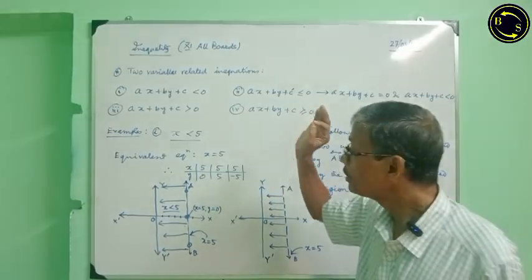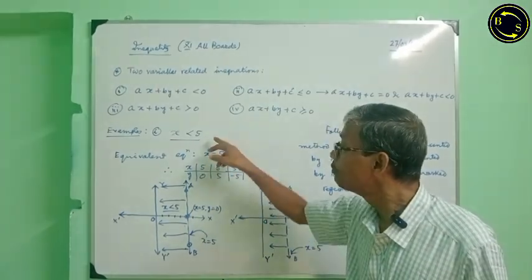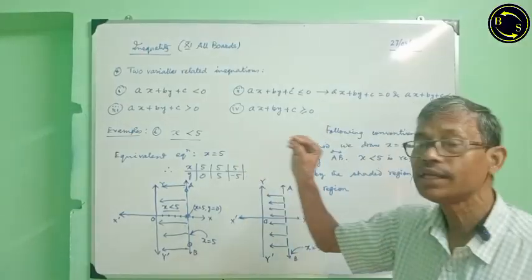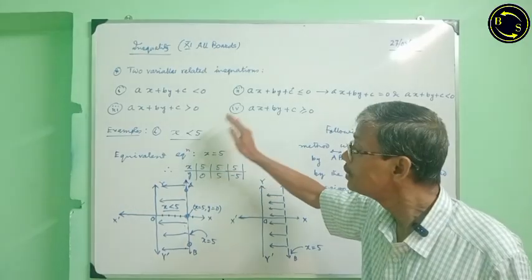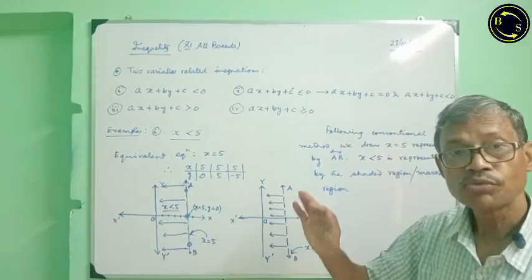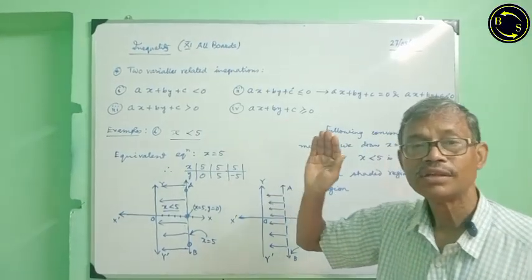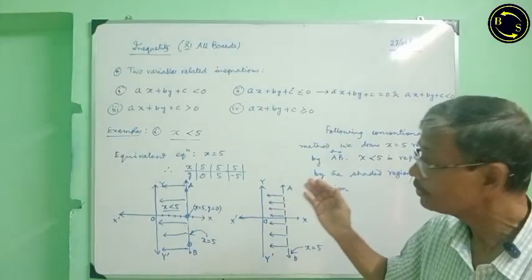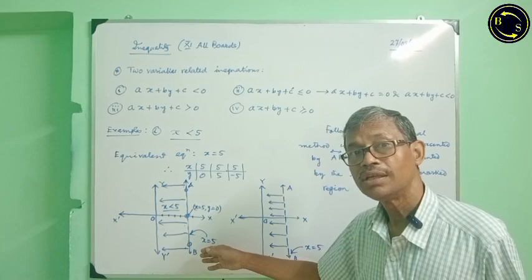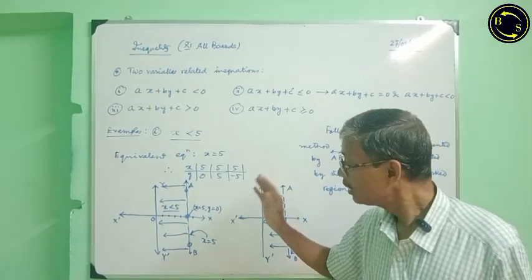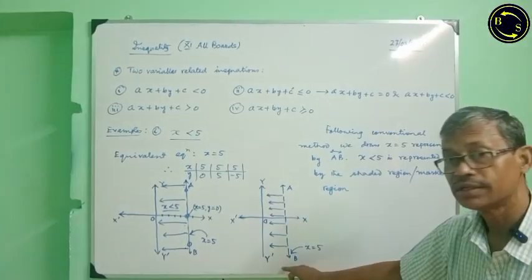For that, we take a point which is not lying on the straight line AB. If the values of x and y satisfy the original inequation, it means that point is lying on the solution region of the given inequation, and if it doesn't satisfy, then the region opposite to AB will be the solution region, and after that we mark the solution region either in this way or in this way.